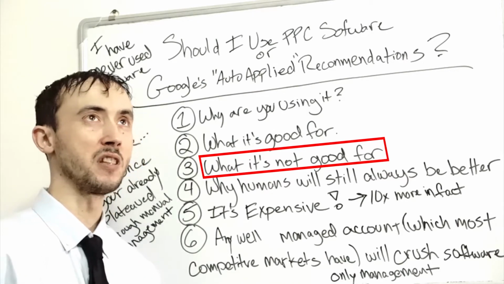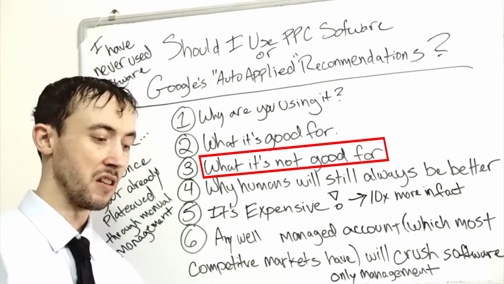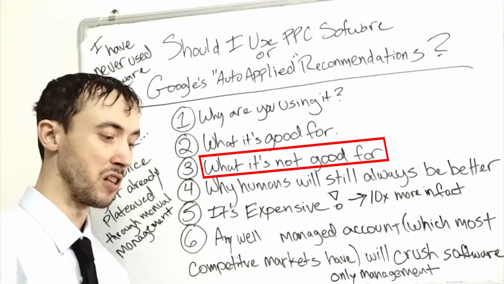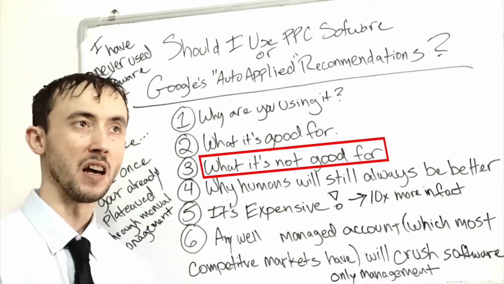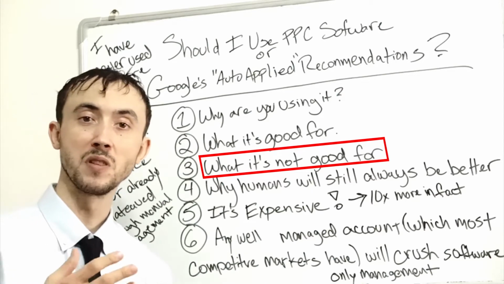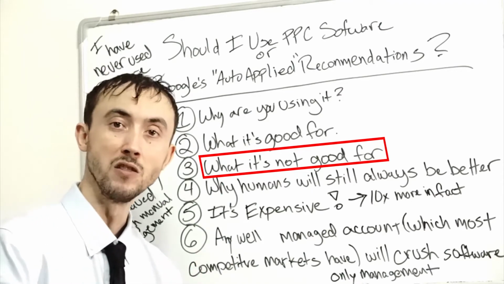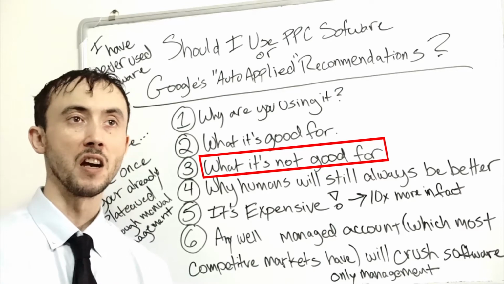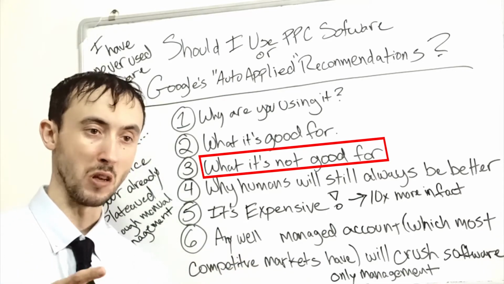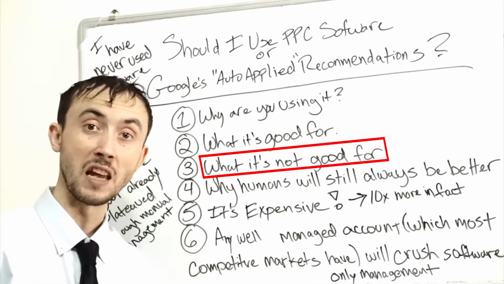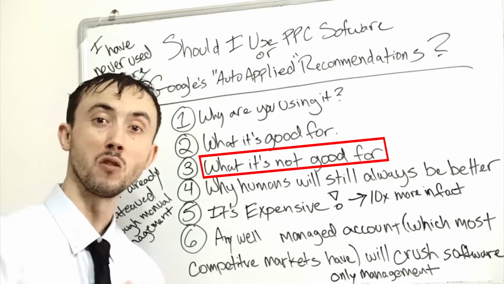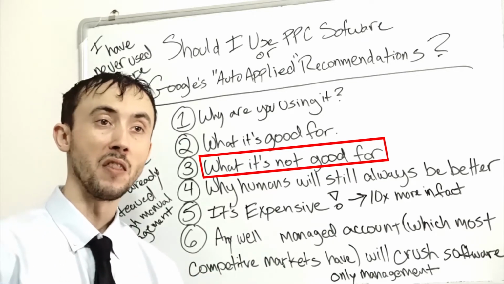That's, I would say, the main thing: you're not going to be able to avoid putting in the hard work of managing the account and doing the things you normally would have to do, besides the more fine-tuning of what you're doing with the account. The software is also useful if you have a whole bunch of data to look at, able to draw conclusions and do things that you couldn't necessarily do on your own.